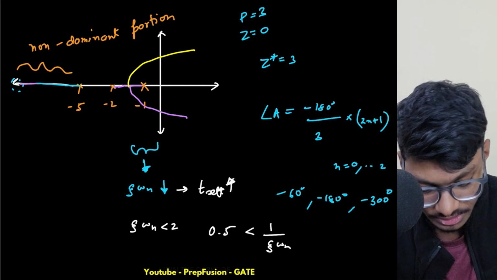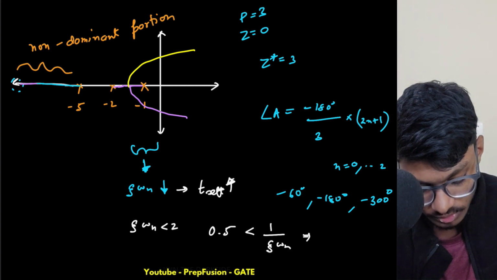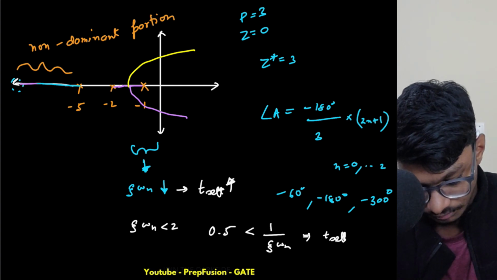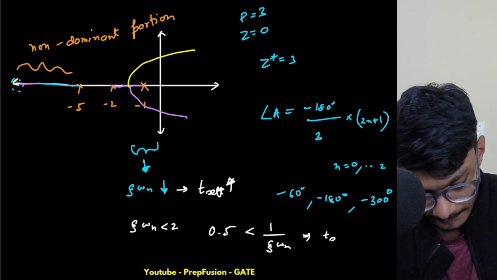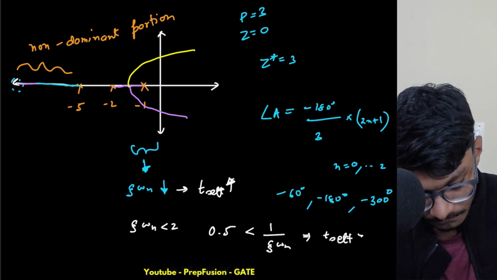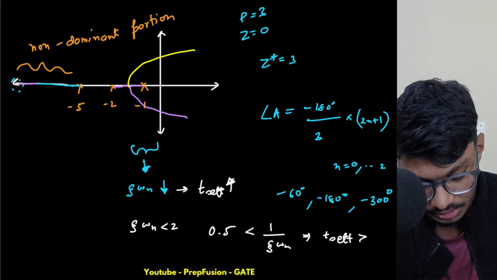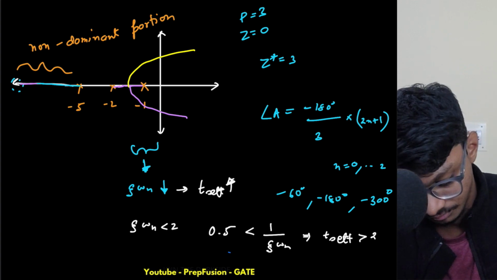And now if I multiply this with 4, T settling will be greater than 2 seconds.